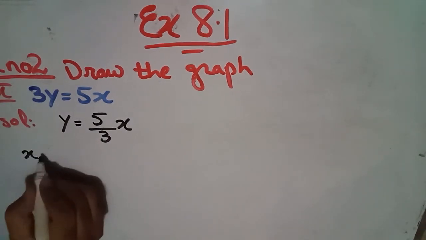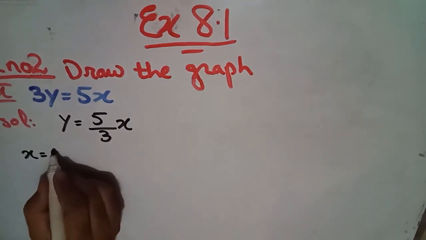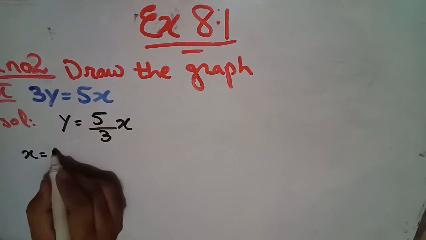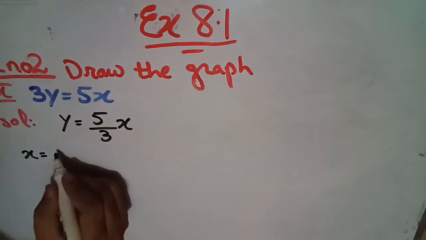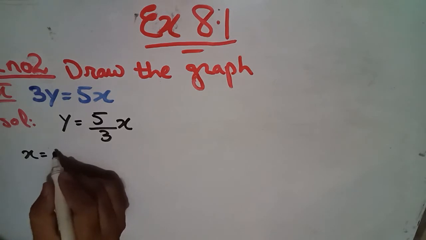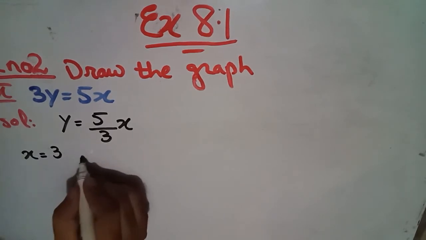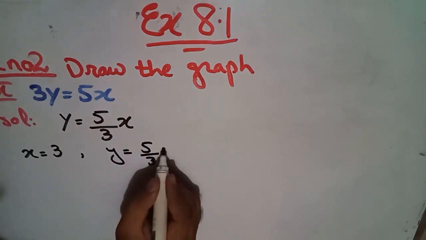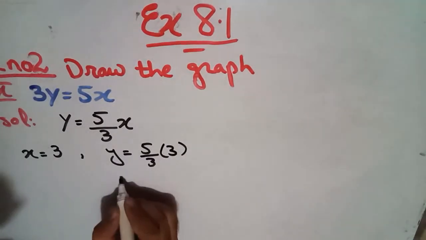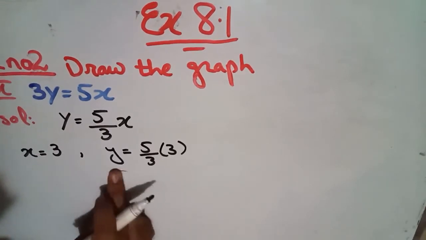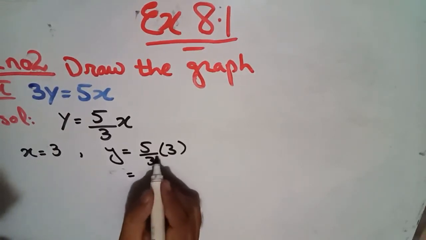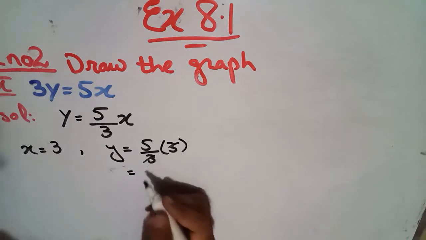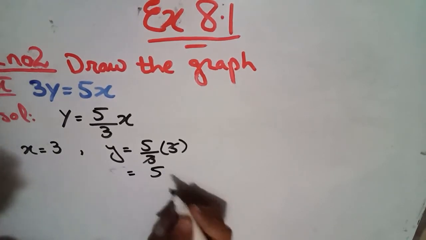Okay, similarly you can say here, if x is equal to 3, because if you take x is equal to 0, then the whole relation will be 0. So I am taking here, if x is equal to 3, then y is equal to 5 by 3 into 3. You can write it by cutting the 3's as well. y will be 5.